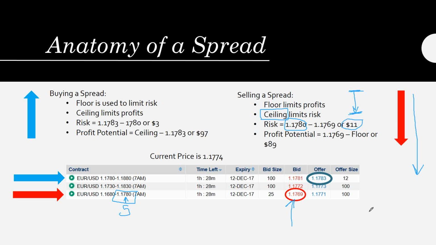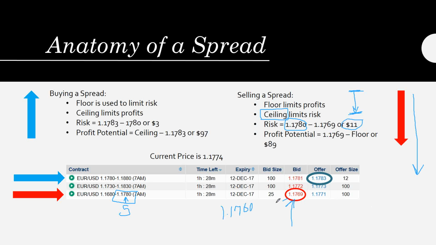What would your profit potential be? It would be your entry price, which is $17.69, minus the floor, or $89. Now again, let's presume at expiration that the price was at 1.1760. What would your profit be?